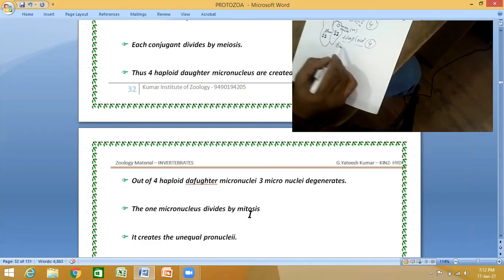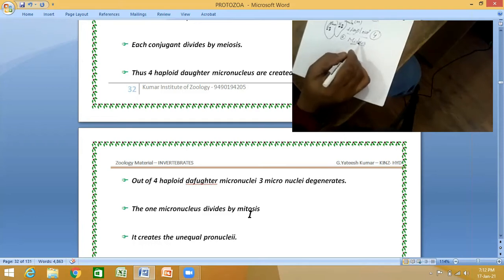The second division is a mitotic division.